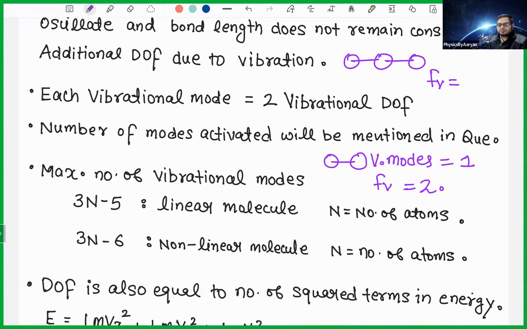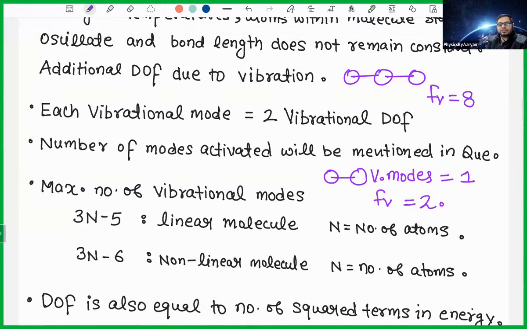Yes, 4 modes. But I asked vibrational degrees of freedom, so it will be 8. So modes are 4, and degrees of freedom can be 8.